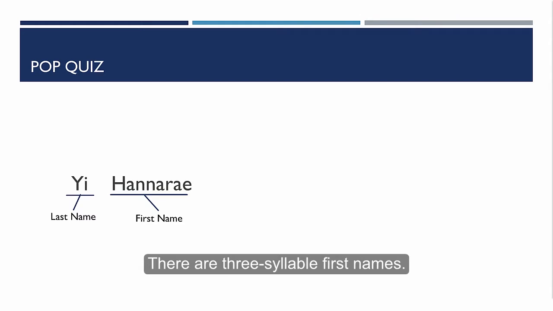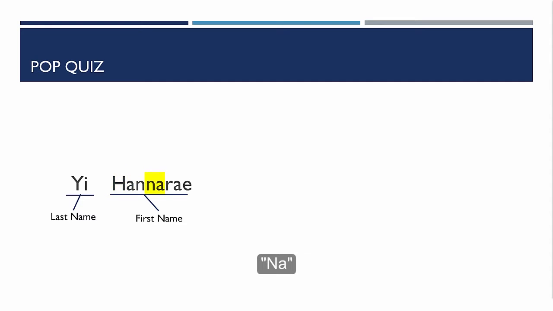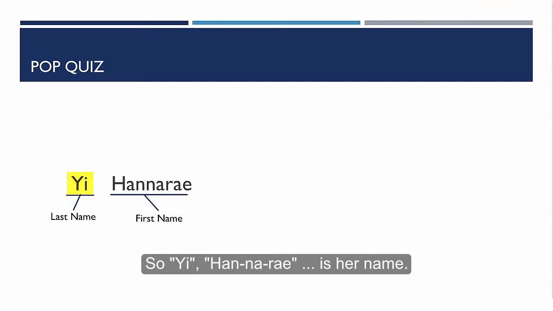There is a 3 syllable first name. It's hard to separate them, right? Yi, Han, like my name, Han, Na, and Le. So Yi Han Na Le is her name. So a 3 syllable first name.